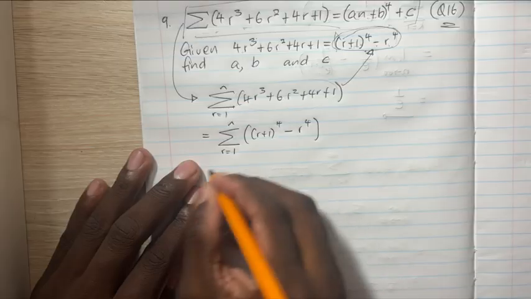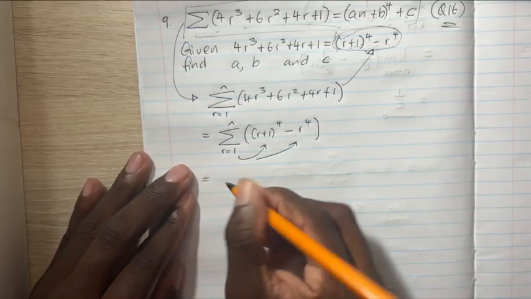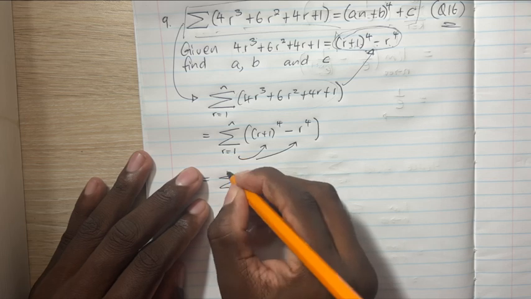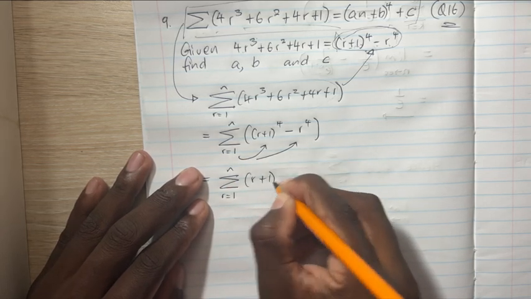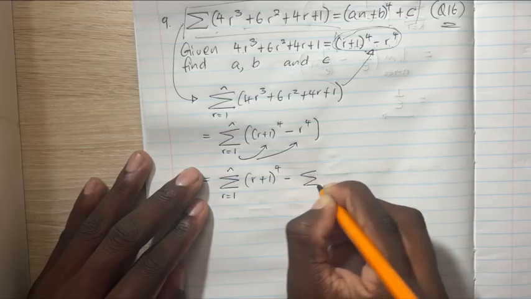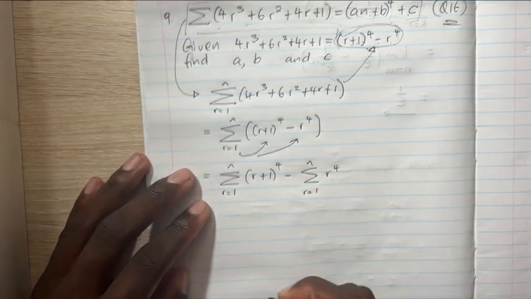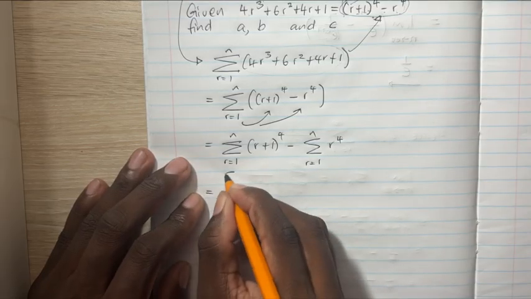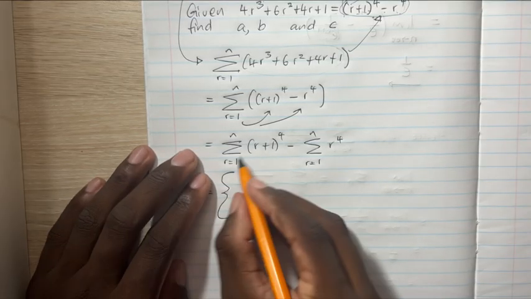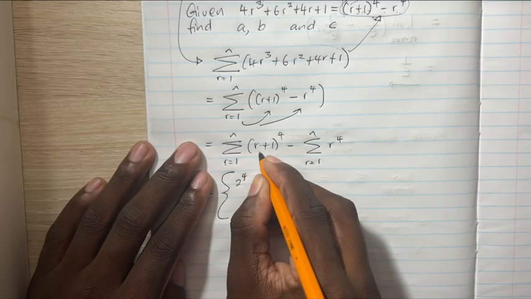Now we can do our first step of telescoping, which is distributing this. So we have the sum from r equals 1 to n of (r plus 1) to the 4th minus the sum from r equals 1 to n of r to the 4th. Now we open this up. If r is 1, we have 2 to the 4th for this one.